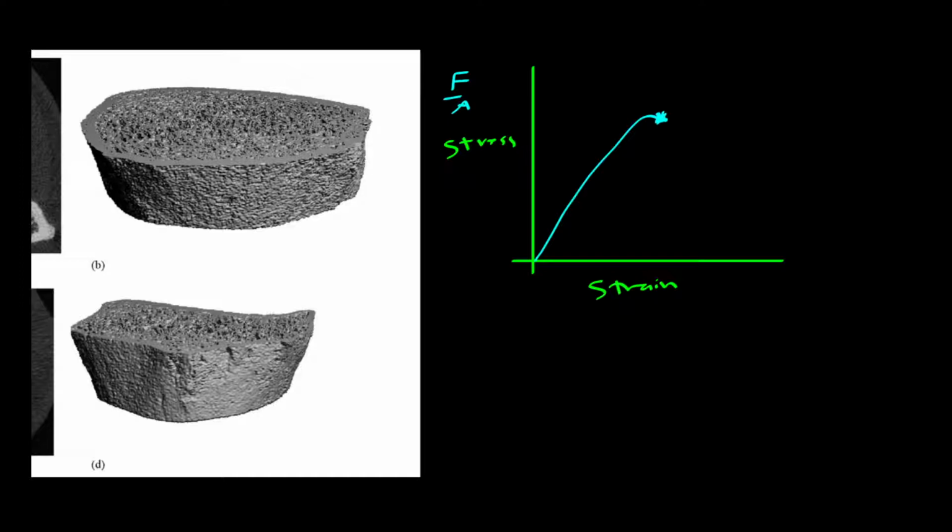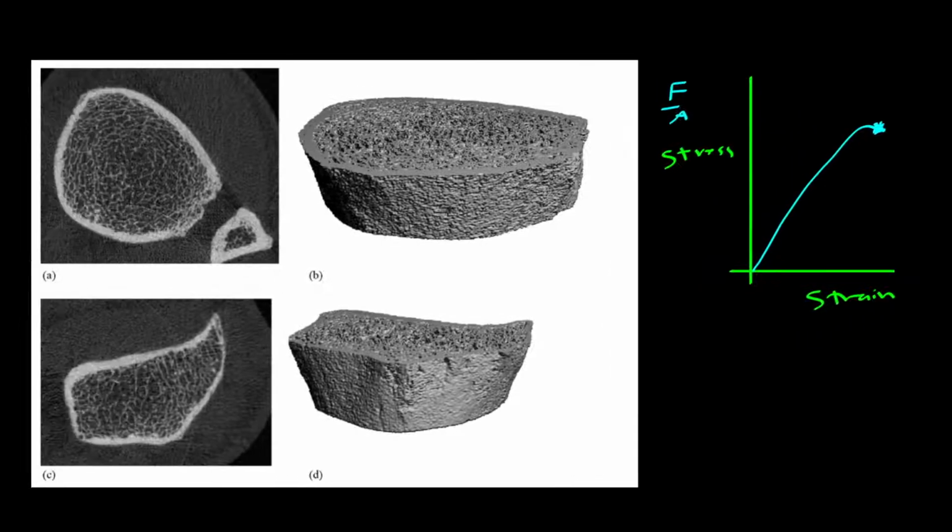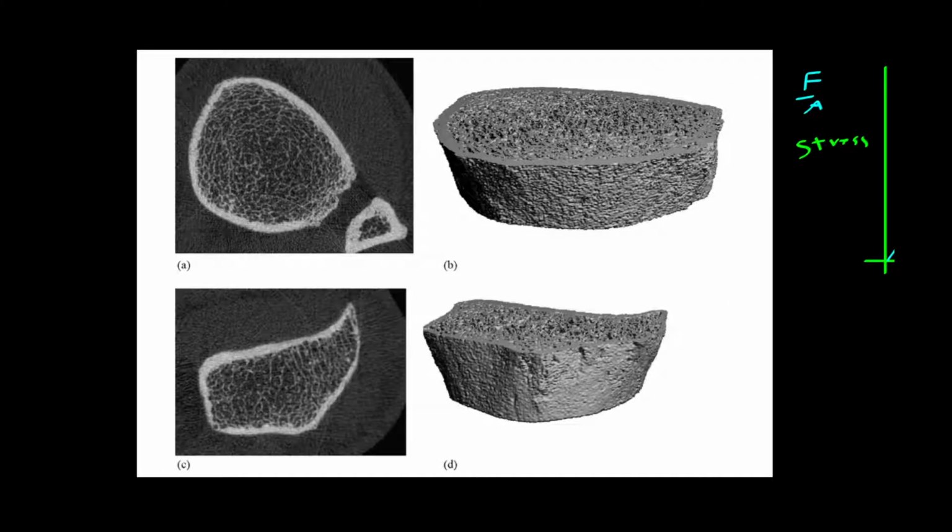There's also something we'll talk more in detail about at the end of this unit: stress fractures. By the way, this is a high resolution CT scan of the forearm, radius and ulna. Actually, this might be the tibia because this is much bigger. In any case, this is a long bone.